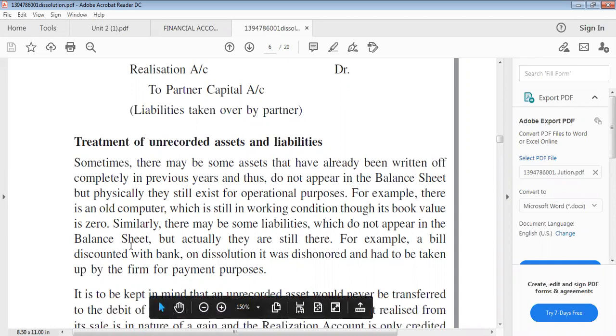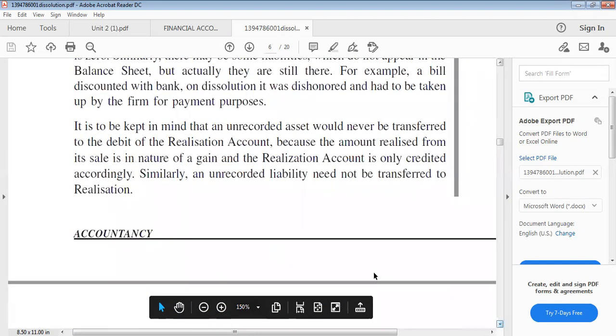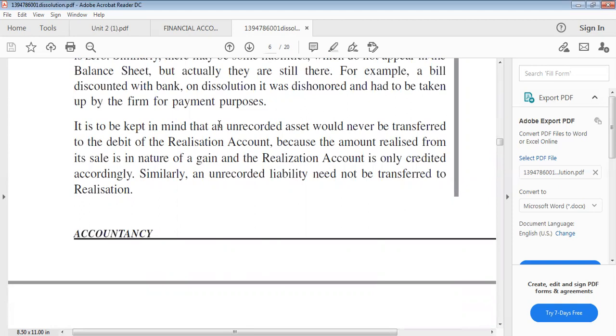All right? But actually, they are still there. For example, a bill discounted with bank on dissolution was dishonored and had to be taken up by the firm for payment purposes. It is to be kept in mind that an unrecorded asset will never be transferred to the debit of the realization account, because the amount realized from its sale is in nature of a gain, and the realization account is only credited accordingly.